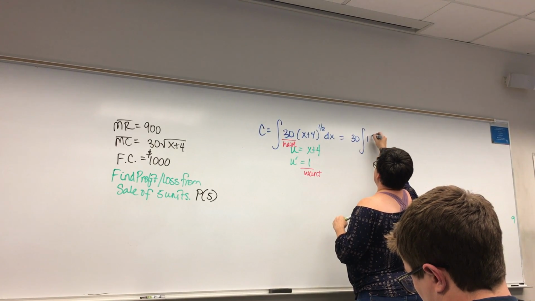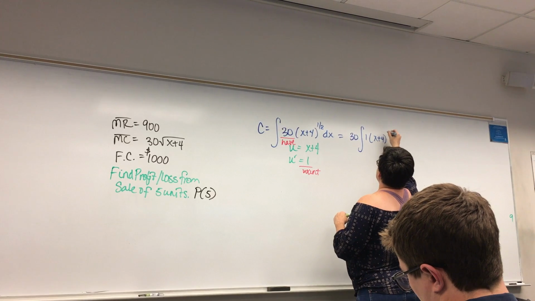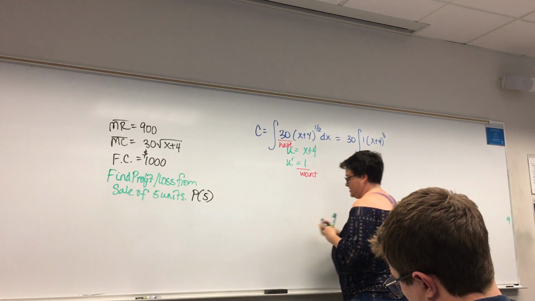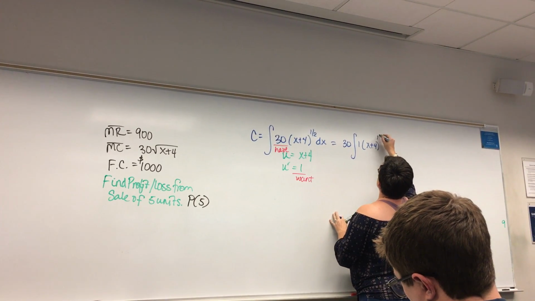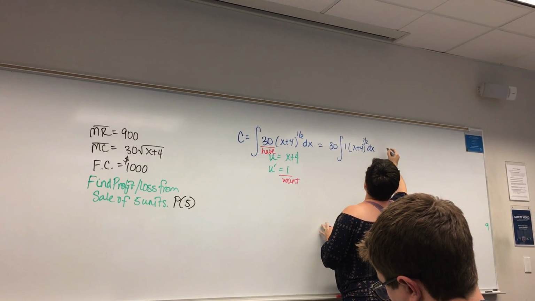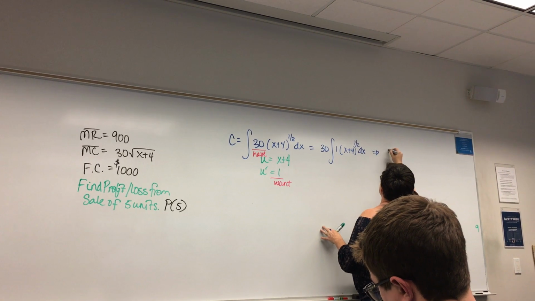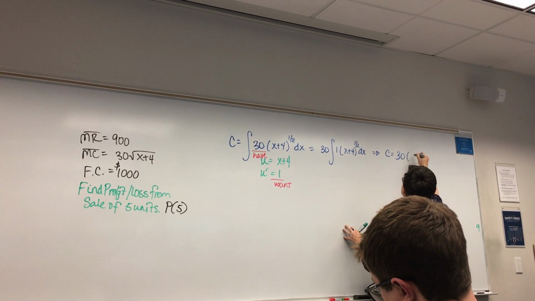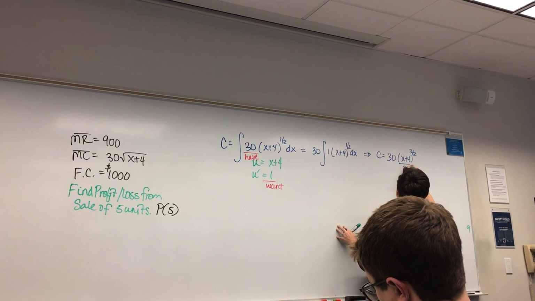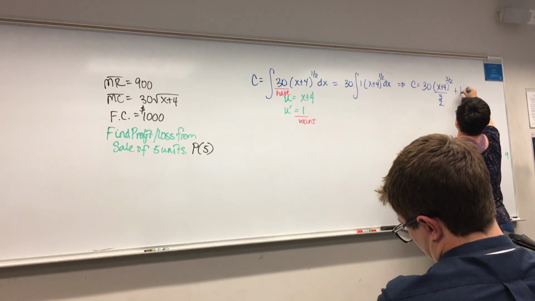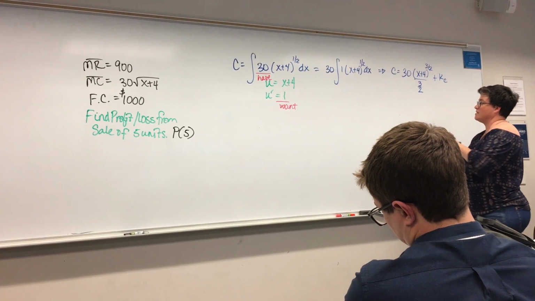30 integral 1 times x plus 4 to the 1/2 with respect to x. This is going to be cost equals 30. Here's my u, here's my n plus 1, divided by n plus 1, plus some constant associated with cost.